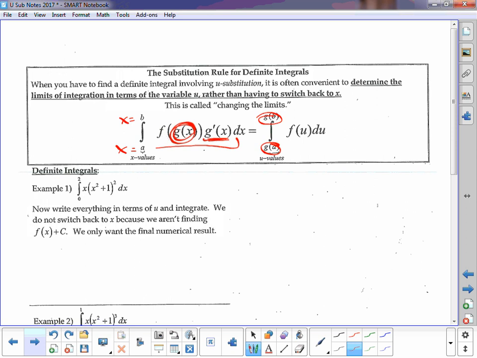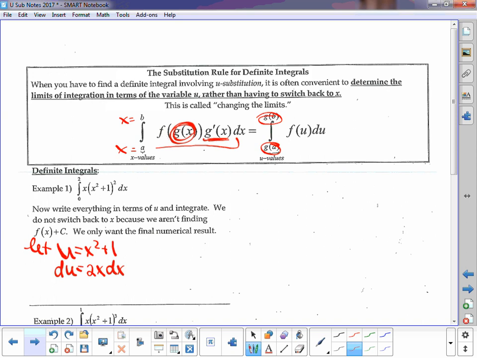Alright, so let's go ahead with example 1. Again, still the same process, just we now have to deal with our bounds. So taking a look at example 1, what should we let u be? Good, x squared plus 1. Alright, so let u be x squared plus 1. So then du would be 2x dx.